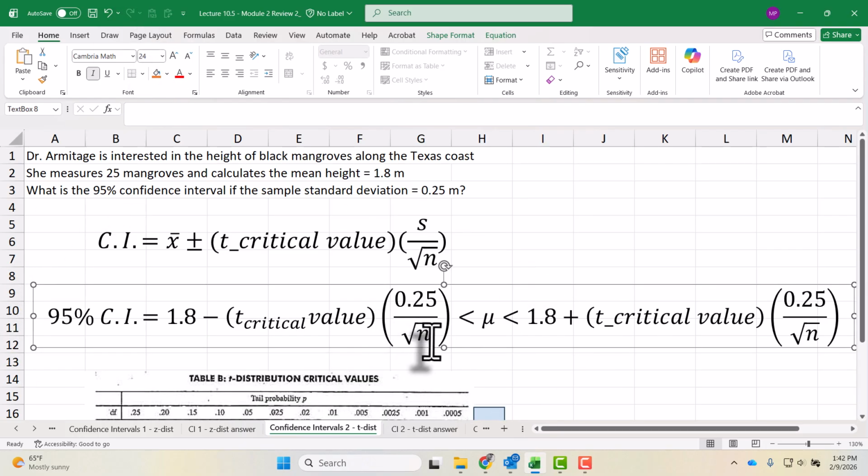And we have our sample size of 25. The T critical value is not something that we can memorize because it will change, not only based on our level of confidence, but based on our sample size. So to figure out what the t-critical value is, we need to go to the t-table.